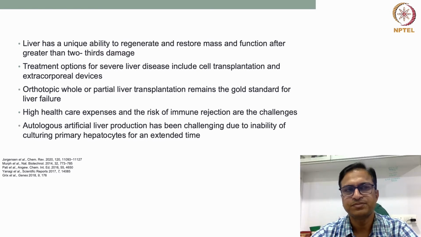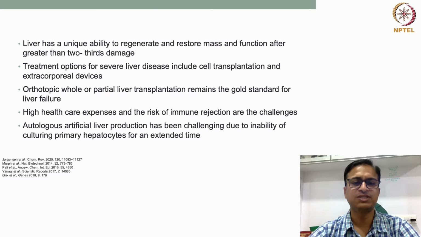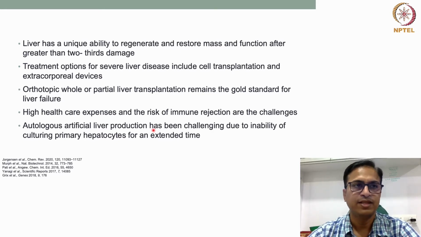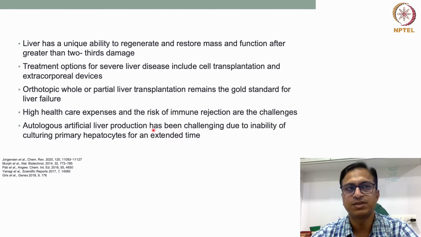But as with other tissues we have discussed, transplantation has problems, because for transplantation we need a healthy liver tissue donor. As we have already discussed before, there is a huge difference between the demand and supply, so transplants are not easily available for the needy people.